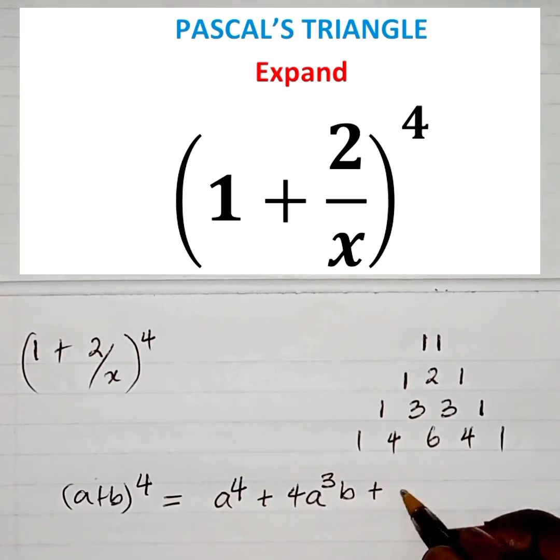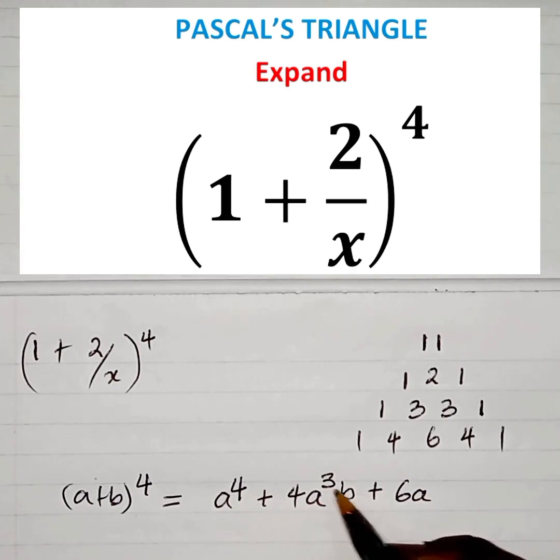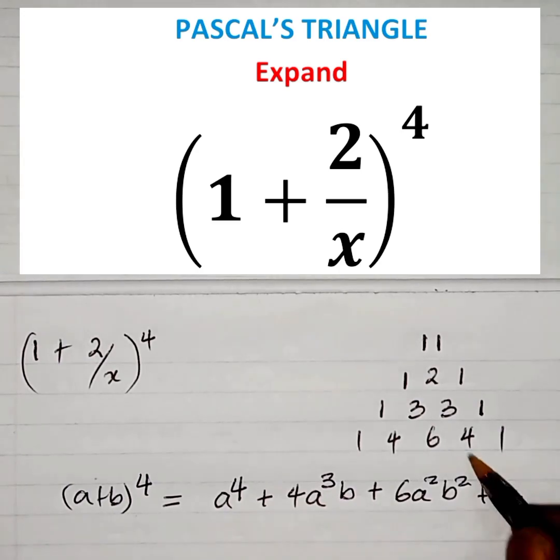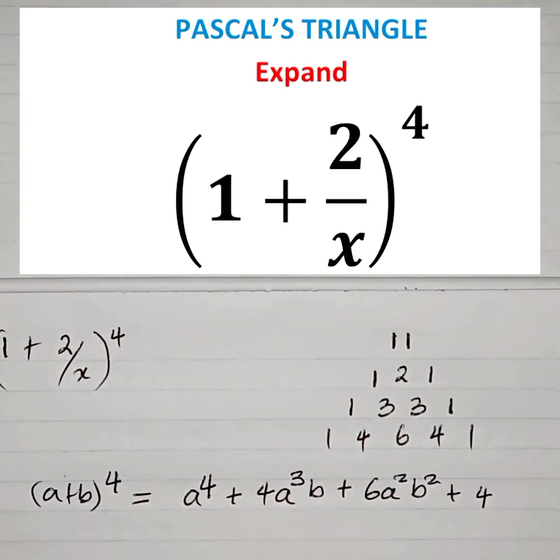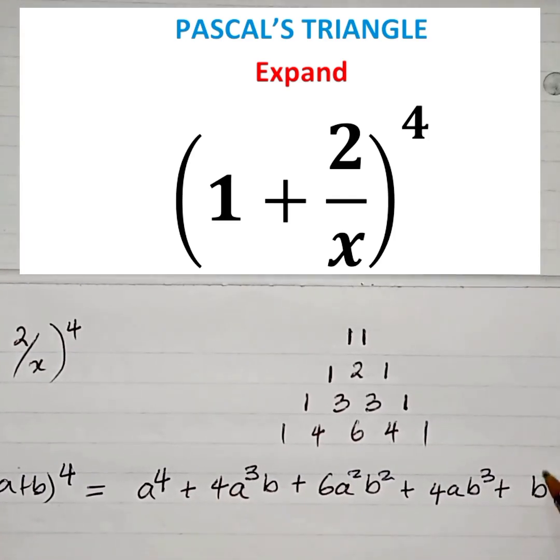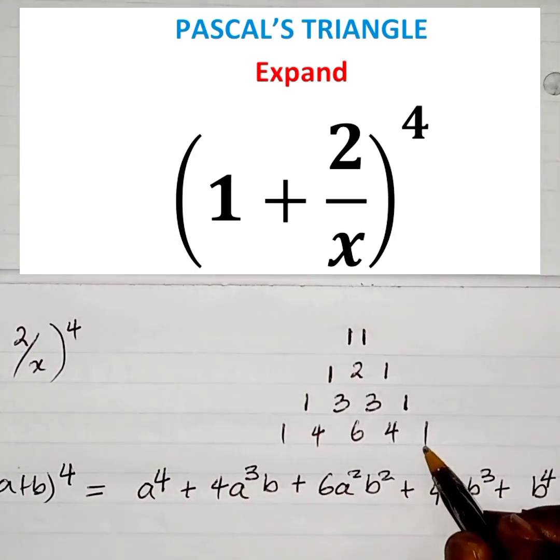We add that to 6, a, we reduce the power of a by 1 again, and we increase the power of b by 2, plus 4, we put the coefficient, and then we say a, we reduce the power again, b to the power of 3, we increase the power of b, then we add that to b to the power of 4, because we have a coefficient of 1 on that.